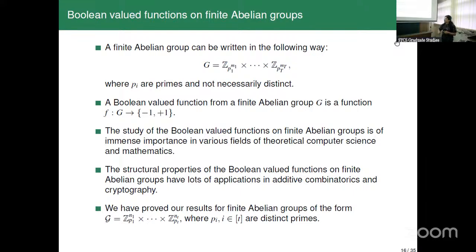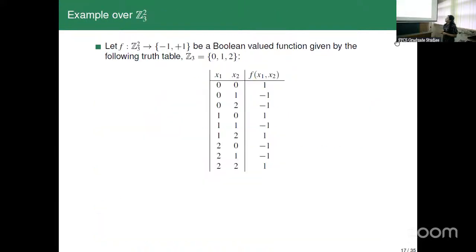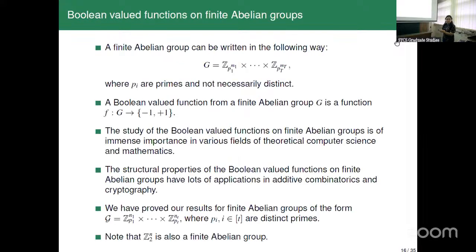Also observe that Z_2 to the power n is also a finite abelian group. But that is not where your result applies. Here you're assuming there are no higher prime powers.